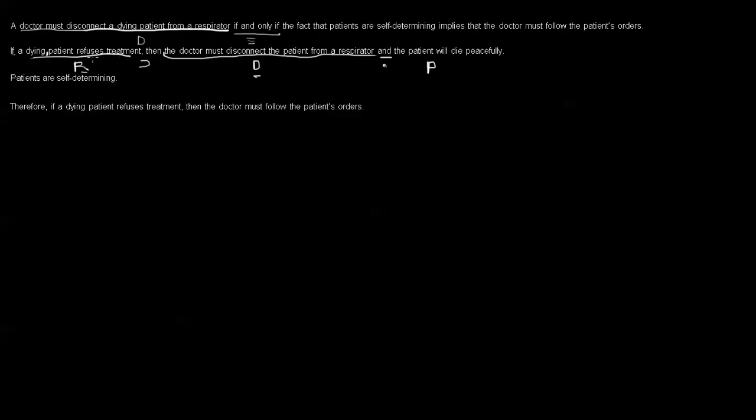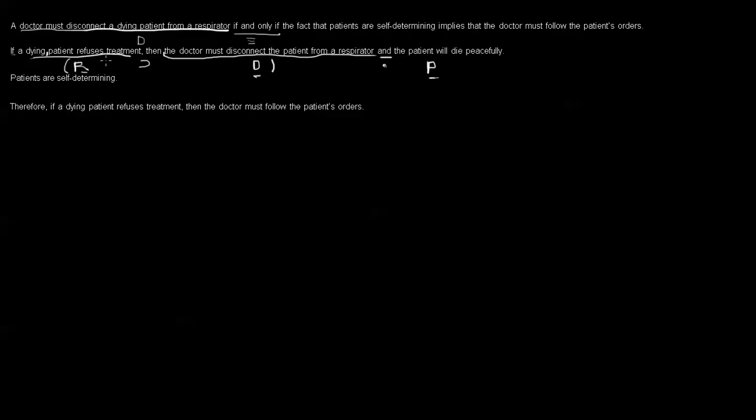These have to be paired, and it does matter how it's paired. If we put the parentheses there, that would say if a dying patient refuses treatment, then the doctor must disconnect the patient from a respirator, period. That's one statement, and the patient will die peacefully. But we're not saying the patient will die peacefully.